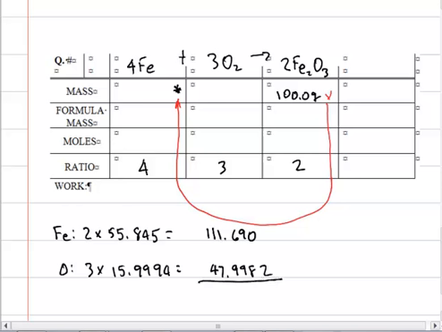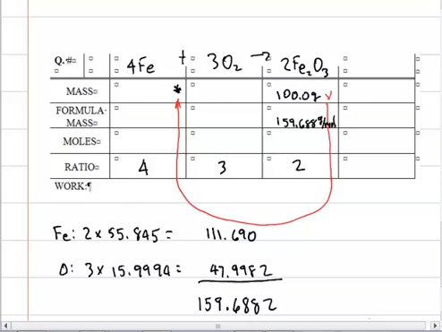We add those 2 together, and we got 159.6882. We have to round to the 3rd decimal place because we have 3 decimal places here, more than that here. And we round to the column of the leftmost last significant figure. So we're going to report this as 159.688, and that's grams per mole.